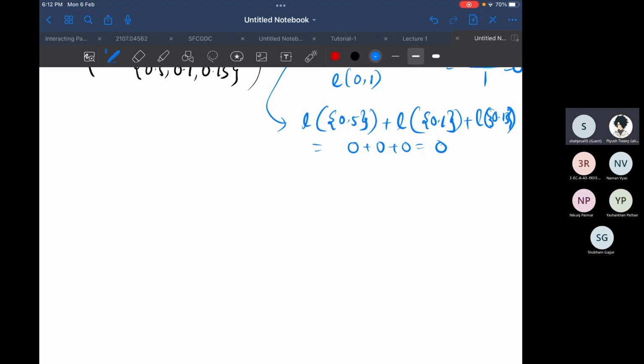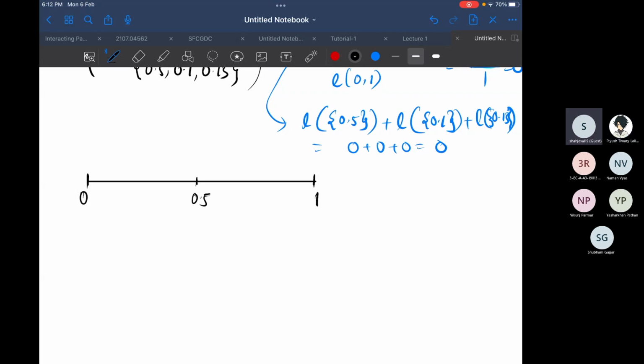No, what I am trying to say is that as the length of my interval increases, the probability of me reaching the point 0.5 increases. What do you mean by reaching a point?